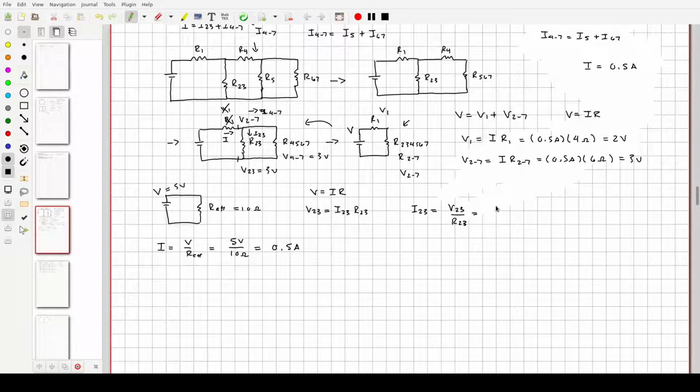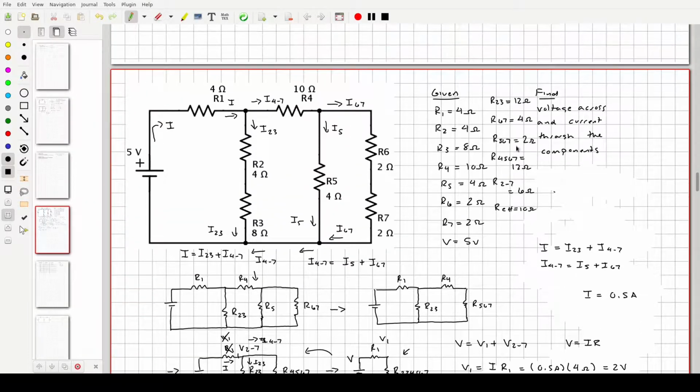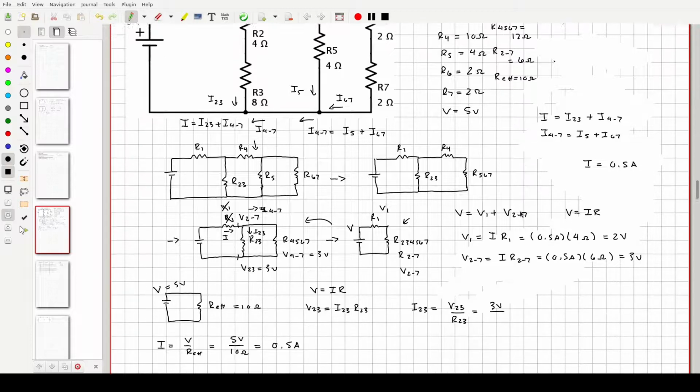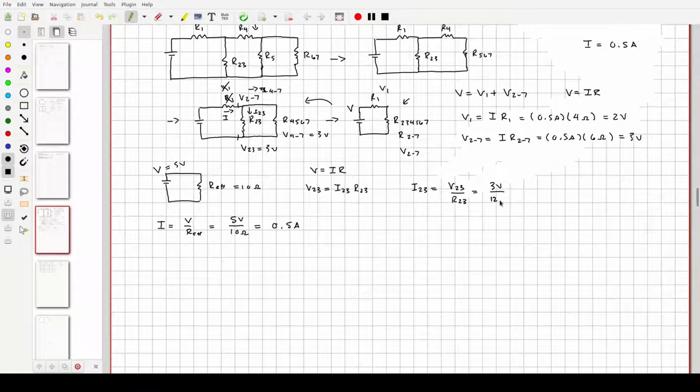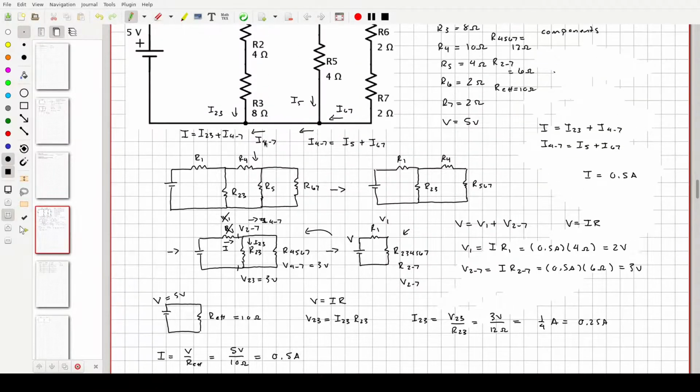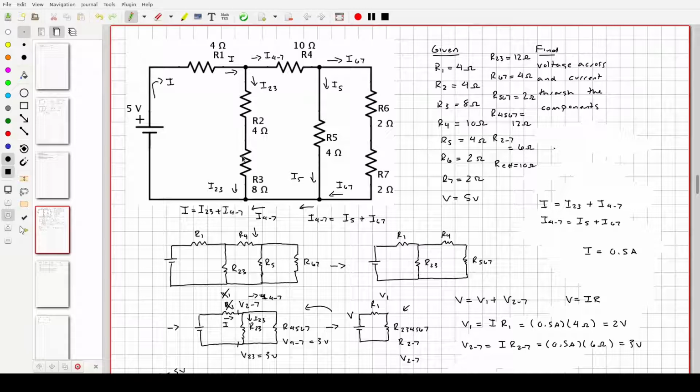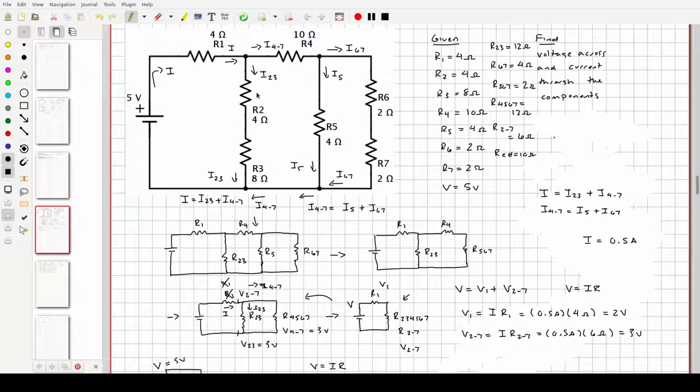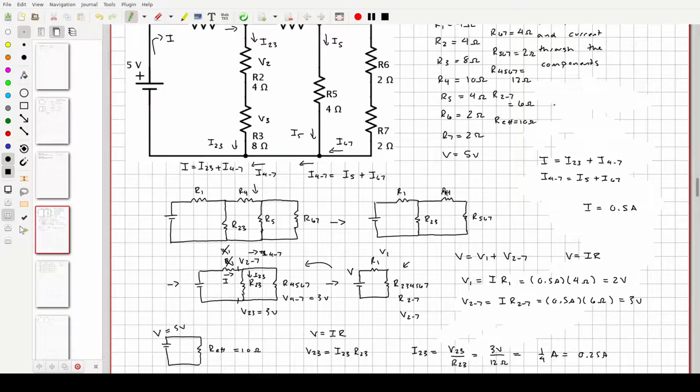V23 we found was 3 volts, and R23 we found solving it is 12 ohms. So this is 3/12 or 1/4 of an amp, so 0.25. This is the current through both component 2 and 3. Because remember, we reduced these in complexity, and as a consequence we'll be able to find V2 and V3 using that. So let's go ahead and do that.